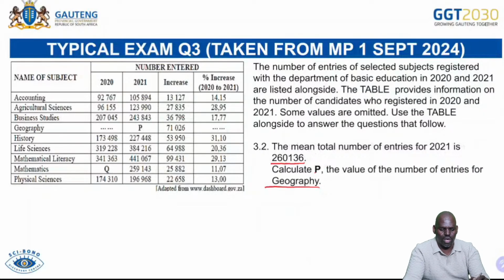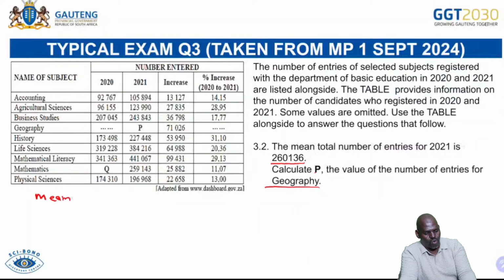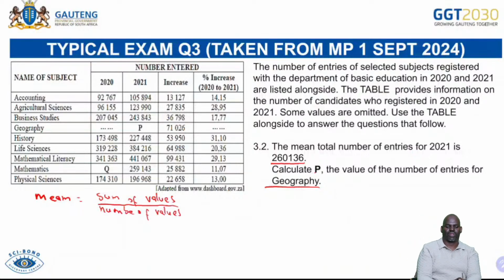So if we look at this one, again we've got the formula: mean equals the sum of values divided by the number of values. Same procedure. The mean is given.